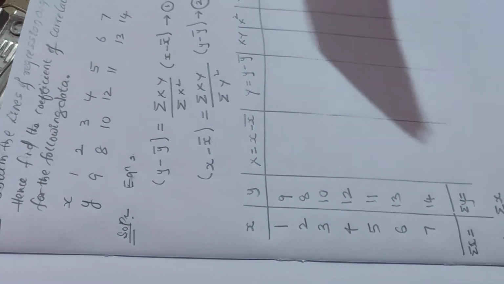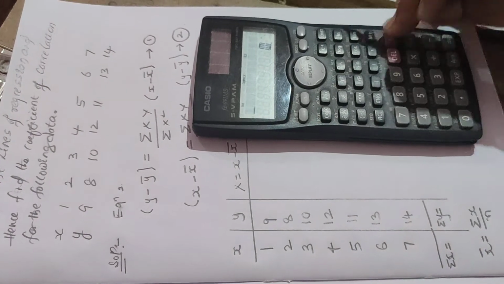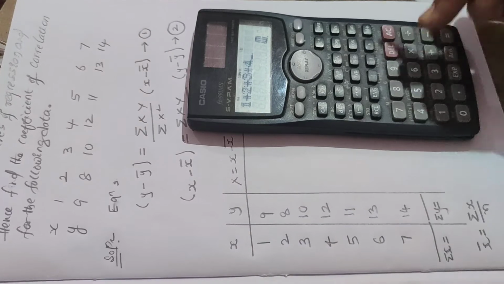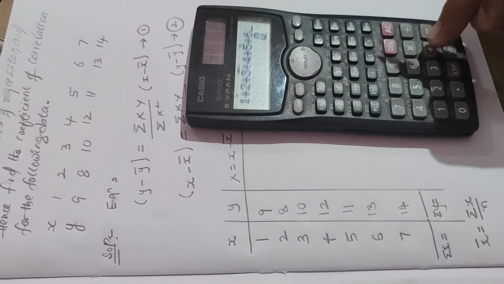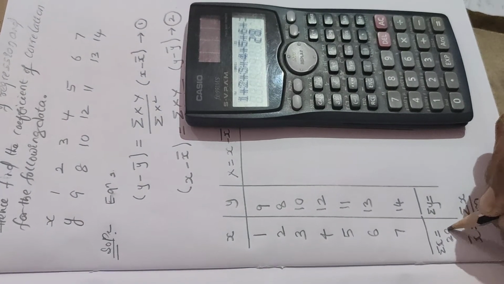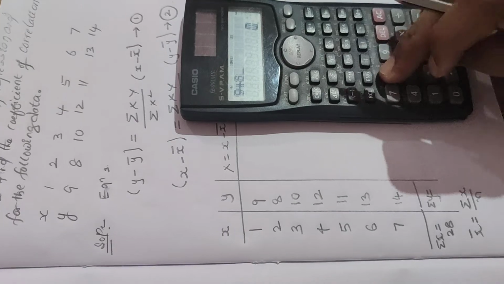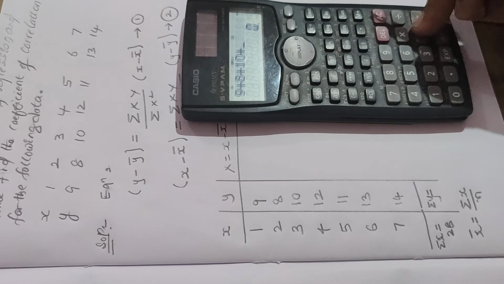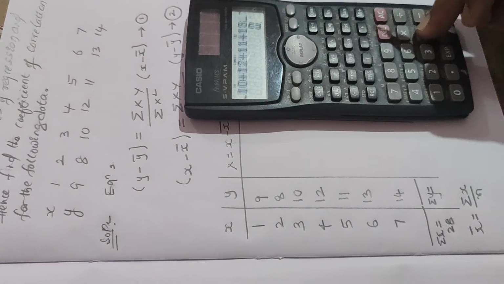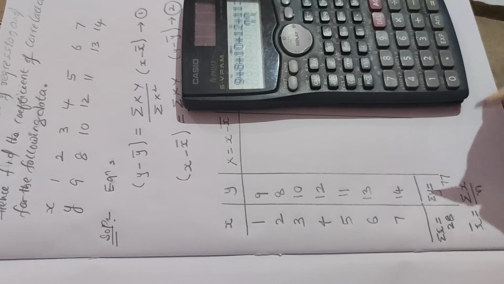Using your calculator, 1 plus 2 plus 3 plus 4 plus 5 plus 6 plus 7 gives you 28. In the same way the sum of y: 9 plus 8 plus 10 plus 12 plus 11 plus 13 plus 14 gives you 77.